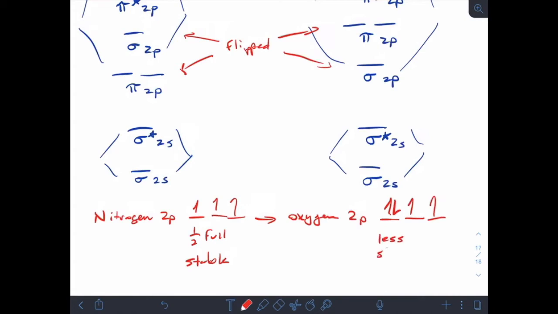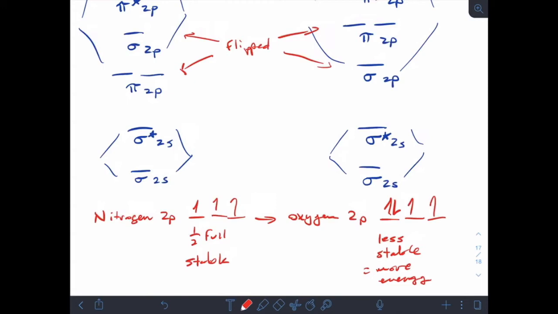Less stable, more energy. Okay, so that's why the MO diagram flips when you get above nitrogen. Okay, so you want to be aware of that when you're doing Mastering and when you get to the exam.